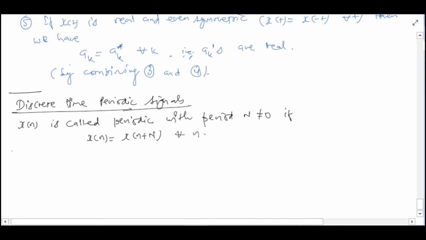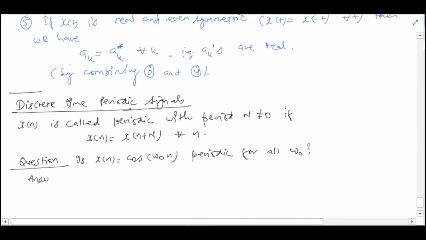Okay, so here is the question. Is x[n] equal to cos(omega naught n) periodic for all omega naught?